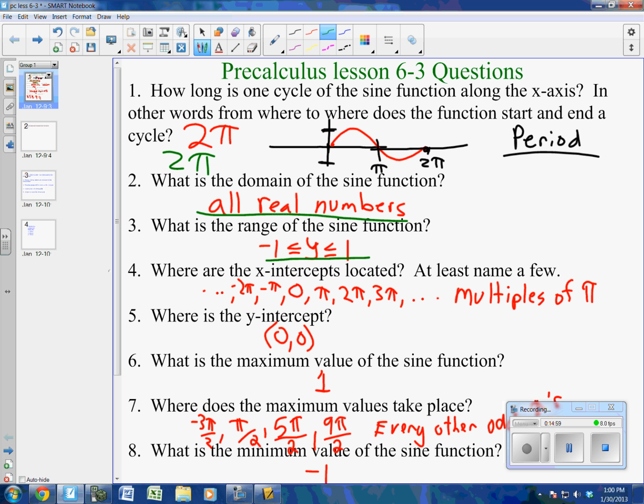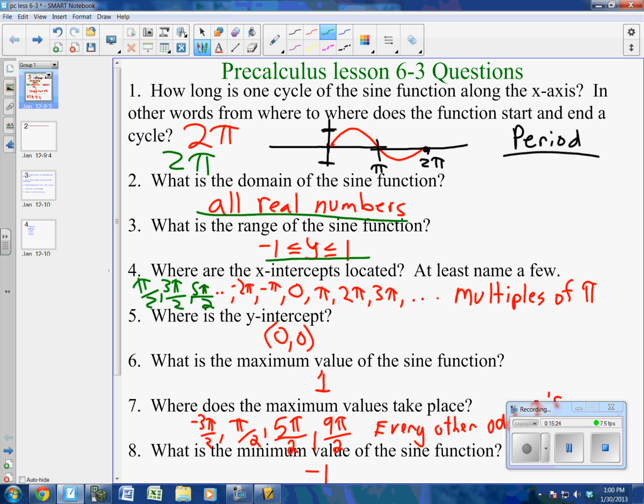Where are the x-intercepts located on this one? Every pi halves? Okay, so this would be pi halves, 3 pi halves, 5 pi halves, multiples of odd pi halves, that's what we should say.